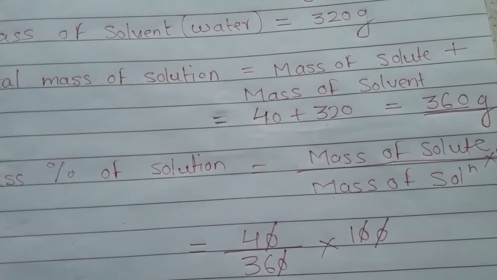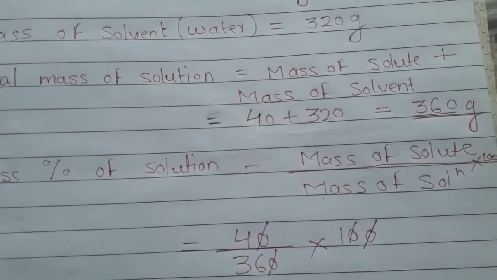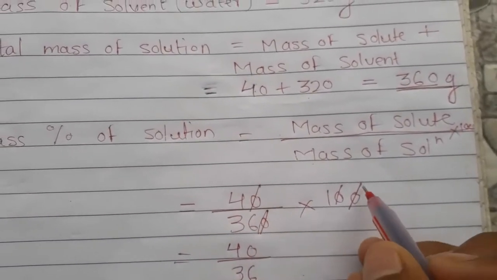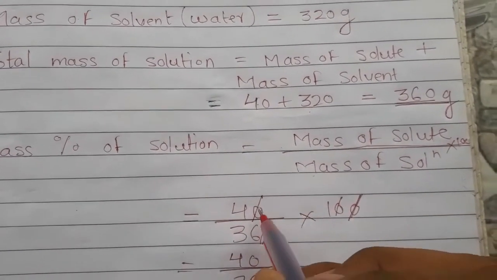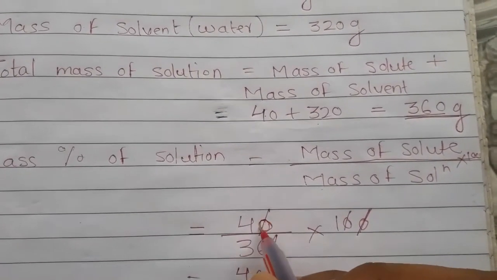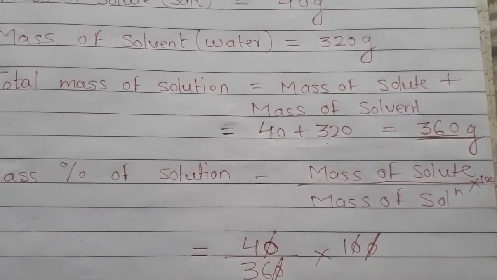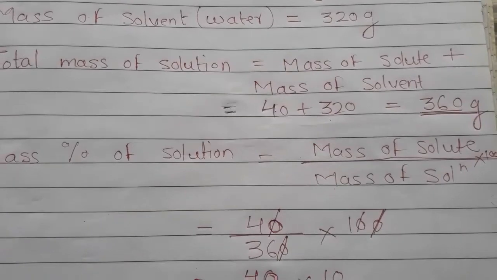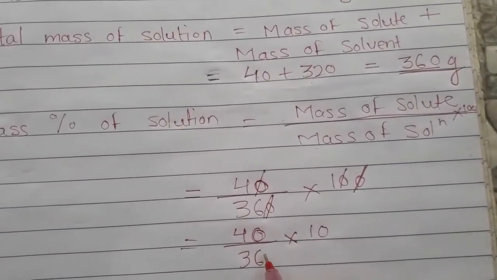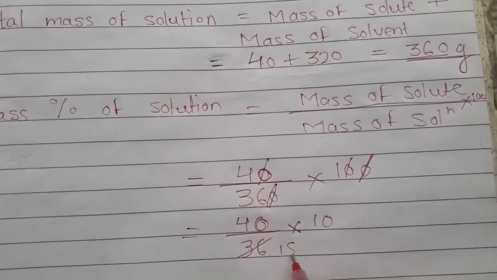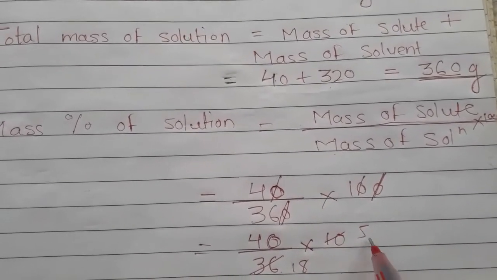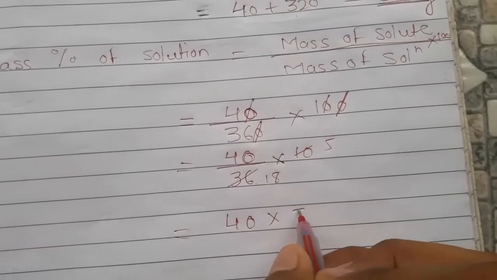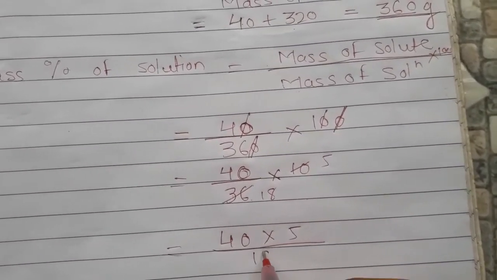All right, so we will calculate this and we will get the answer as 40 by 36. Here this 0 will get cancelled with this 0, and here we will be left with 40 by 36 into 10. All right, so what will happen, we will simply solve this and we will get here 18 and here 5, and here we will get 40 into 5 by 18.